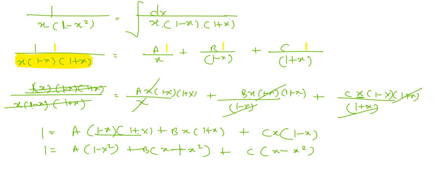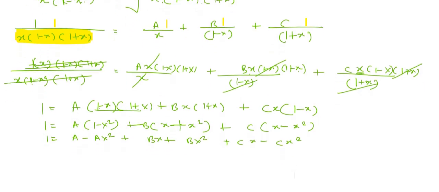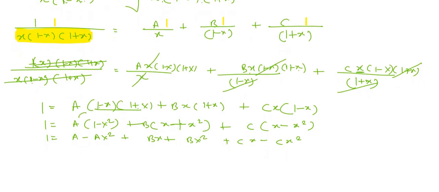Correct? After this, I can write a minus ax square, plus bx plus bx square, plus cx minus cx square. What I did? I just multiplied a inside here and here, then b here and here, and then c here and here. So I am getting this equation.